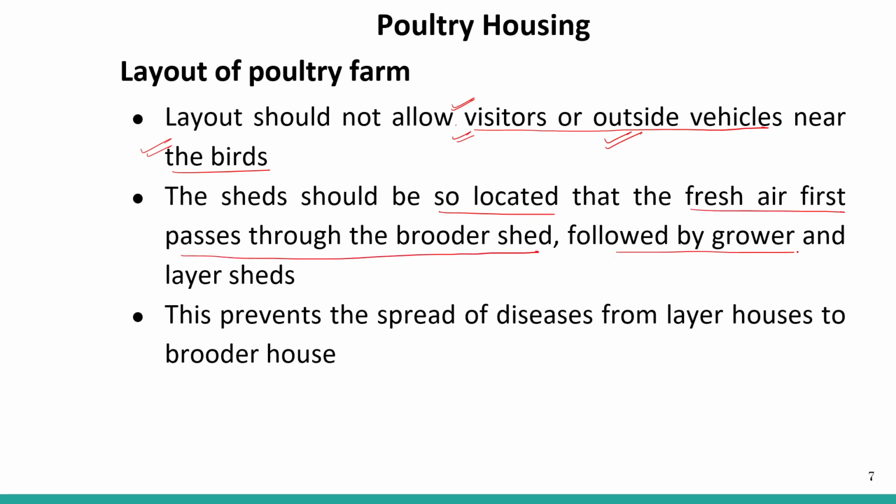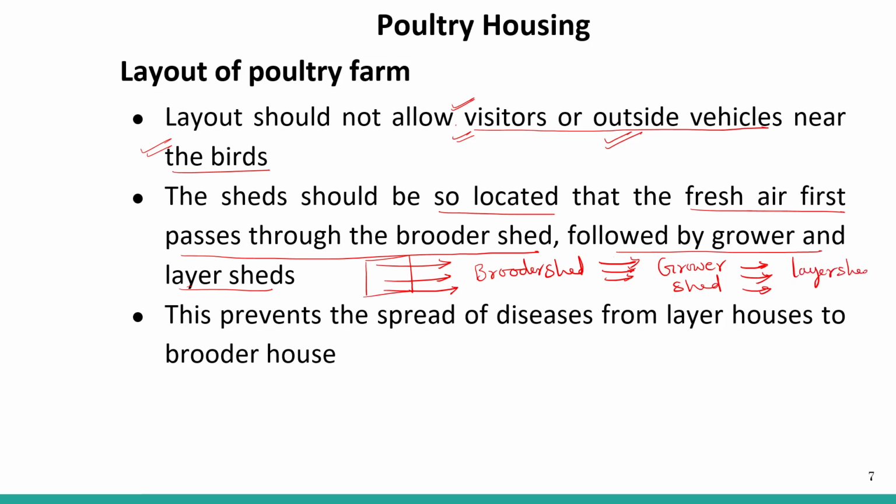The shed should be so located that the fresh air first passes through the brooder shed, followed by the grower and layer sheds. Okay, so if this is a proper ventilation site, then the fresh air first passes to the brooder shed, and from this the air should pass to the grower shed, and at last the air should pass to the layer sheds.